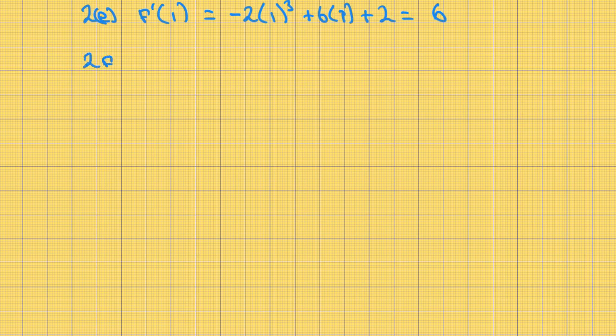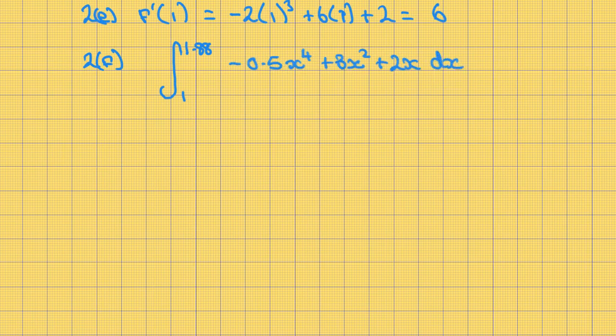So 2f, we want the integral between x equals 1 and x equals 1.88 of minus 0.5 x to the power of 4 plus 3x squared plus 2x dx. If you do that on your GDC, you will get the answer 5.93 to 3 significant figures.